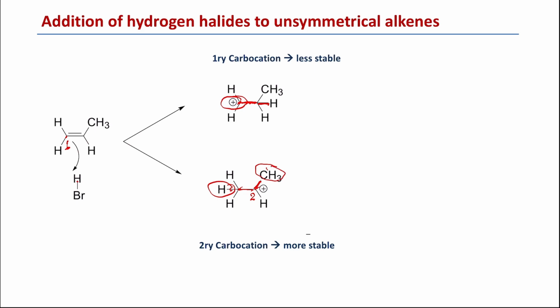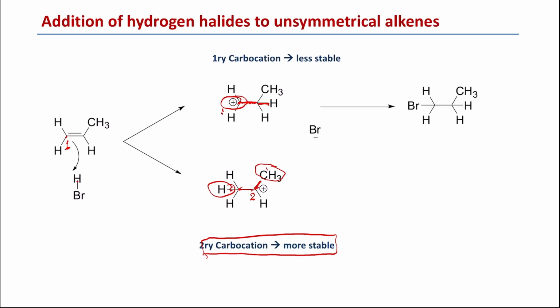So this is a secondary carbocation which is more stable, meaning that it will be formed more than the other one. In the second step, the bromide is going to attack the carbocation and that will give us 1-bromopropane. This is going to be the minor product because the reaction intermediate will be formed less than the other one, which is more stable.